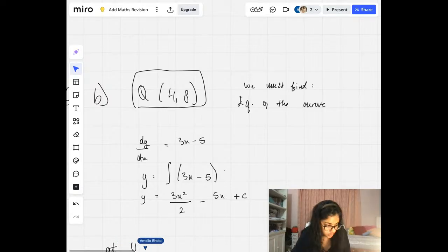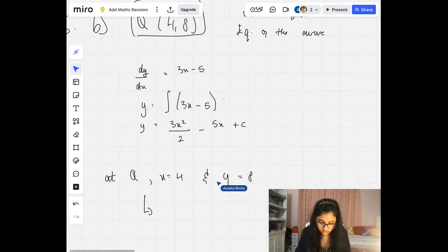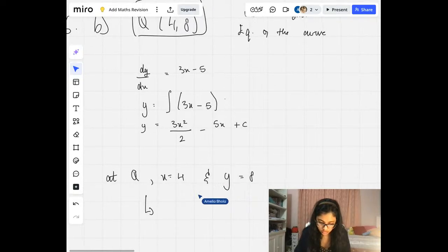So I'm going to substitute those values into my equation. Yes, I got that too. Oh, you divide. Right. So 8 is equal to 3.